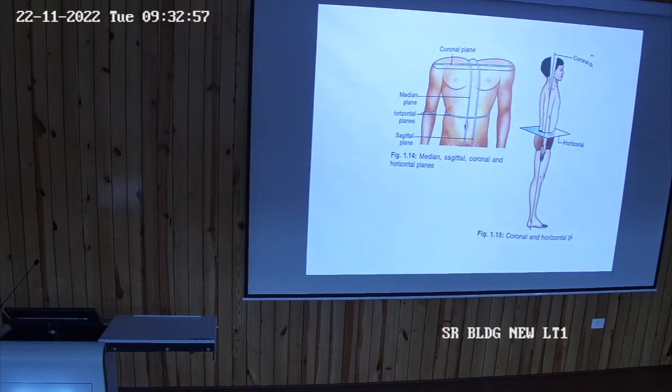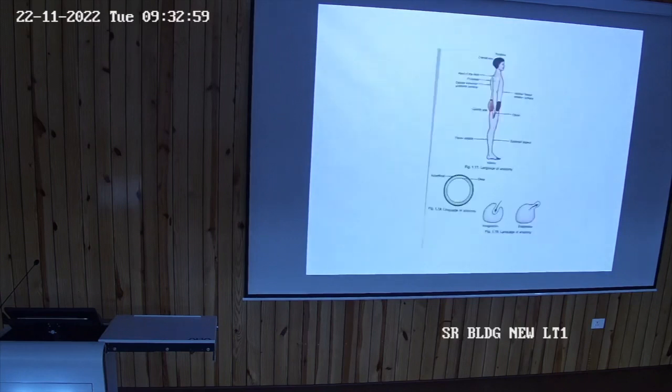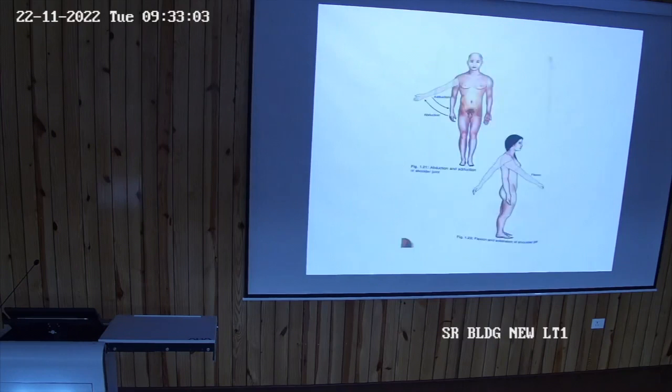After this, before coming to adduction and abduction, there are two ways of teaching anatomy. Some people teach anatomy as systemic anatomy, that means they begin the lecture system wise.